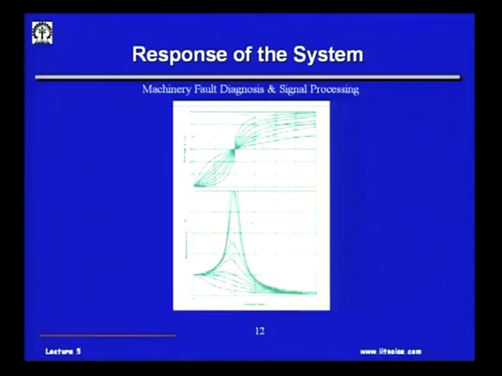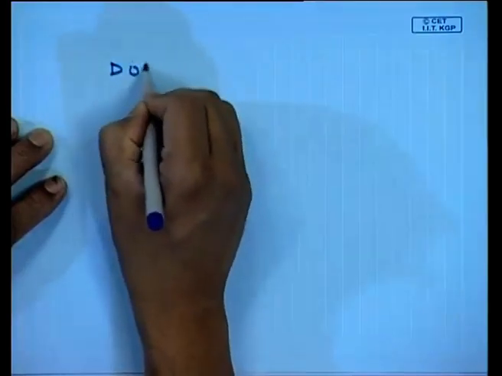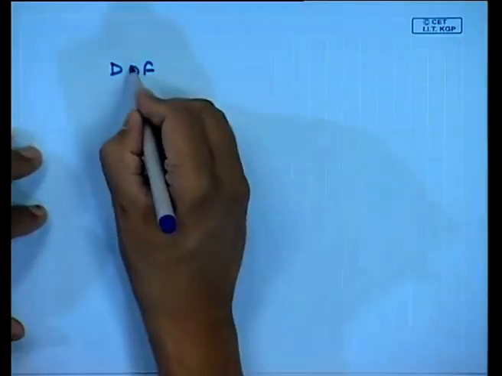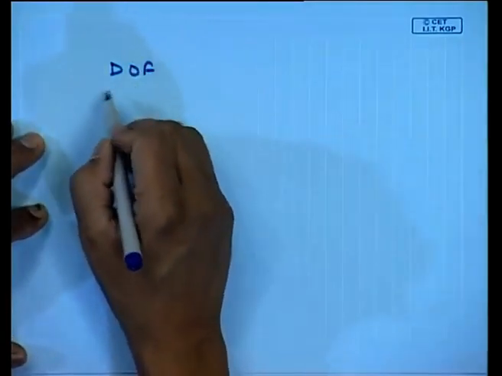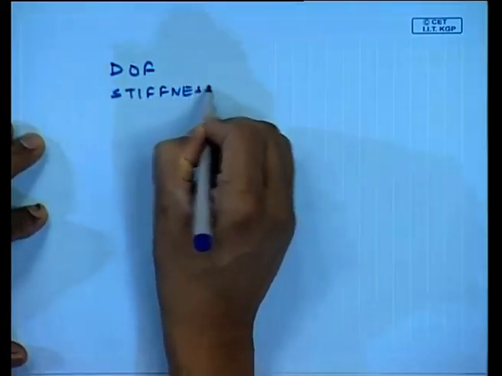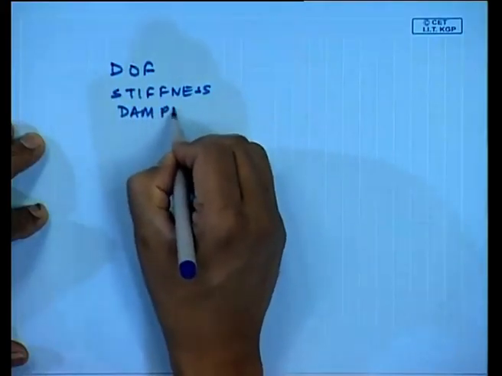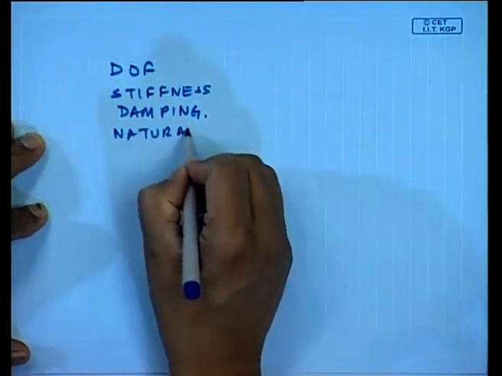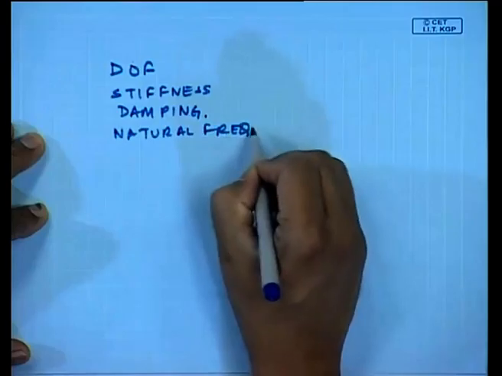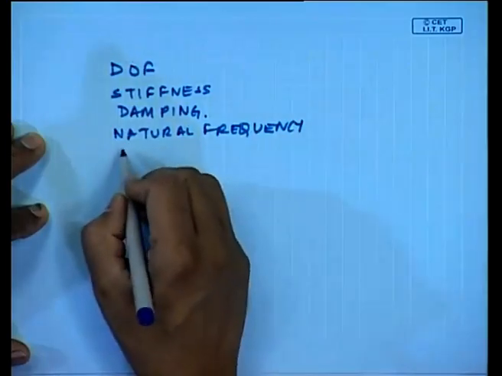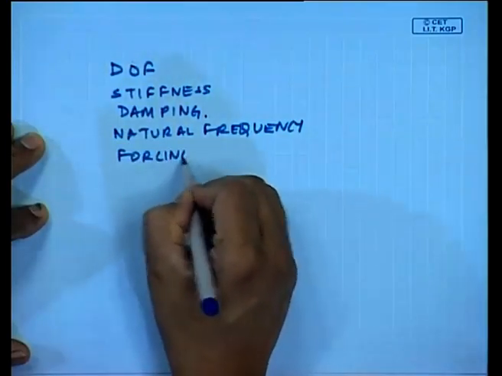So, this is a typical response of a single degree of freedom system subjected to a forcing function. Just to summarize what we have studied in the single degree of freedom system, though I have not talked about multiple degrees of freedom systems yet: we talked about the effect of stiffness, damping, and then natural frequency, which is a system characteristic, and then we have the forcing frequency.